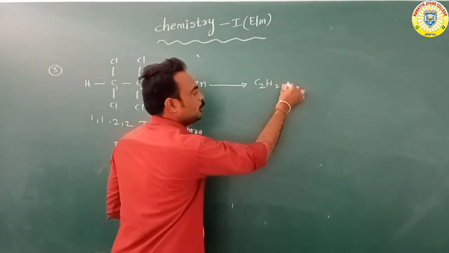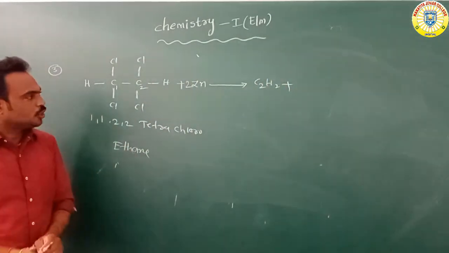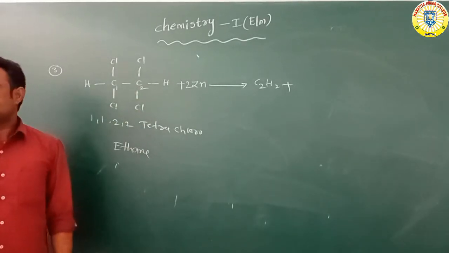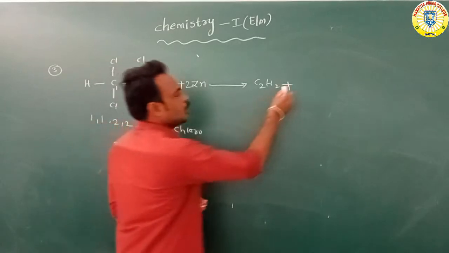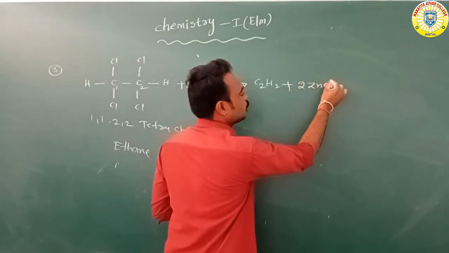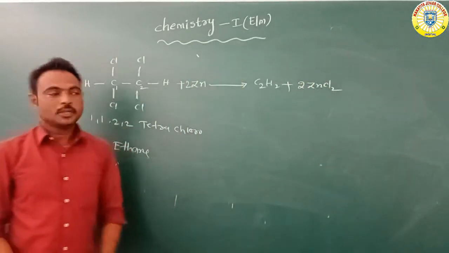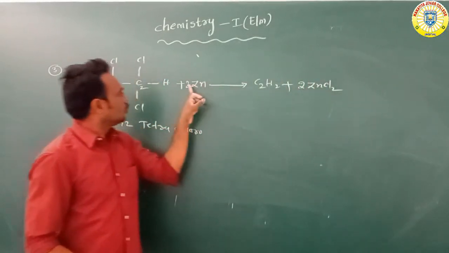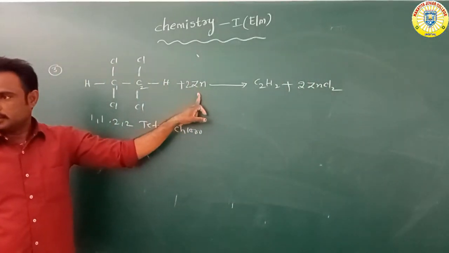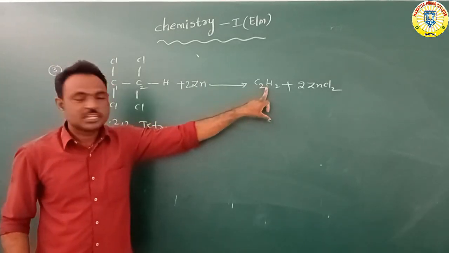So to form C2H2. Next further, how many chlorine atoms? 4 chlorine atoms to form 2 ZnCl2, zinc chloride. Okay, so it is preparation of acetylene.